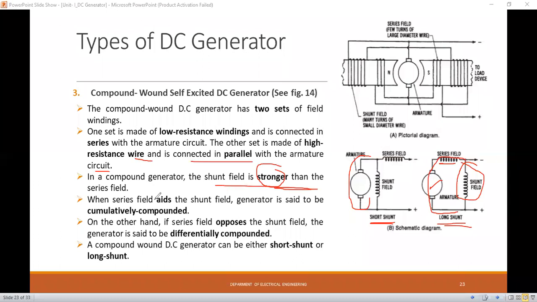So again, there are two types, cumulatively compounded and differentially compounded. If the flux of the series field winding adds to the shunt field winding, then it is called a cumulatively compounded generator. If the series field flux opposes the shunt field winding, then it is called a differentially compounded generator. So these are all related to the compound wound generator and types of DC generator.